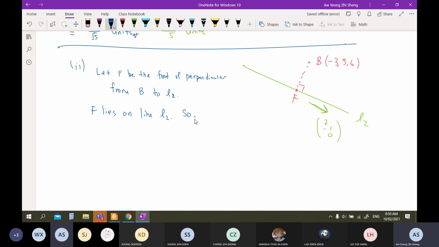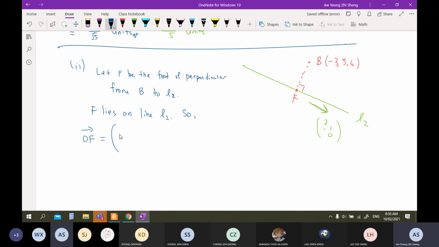So OF is equal to, okay, here we are substituting vector OF as the vector r in the vector equation of line L2. We are using OF to replace r, and we are sure that this equation will hold for a particular value of the parameter, in this case t.